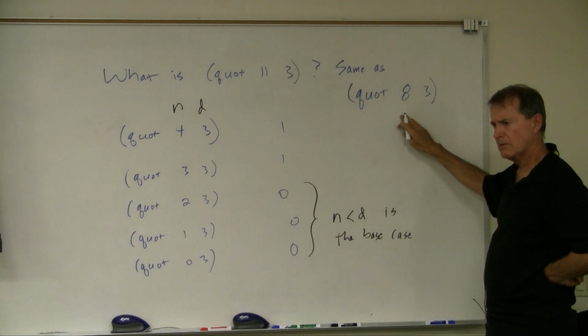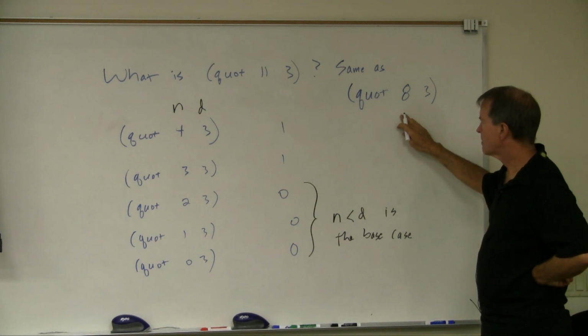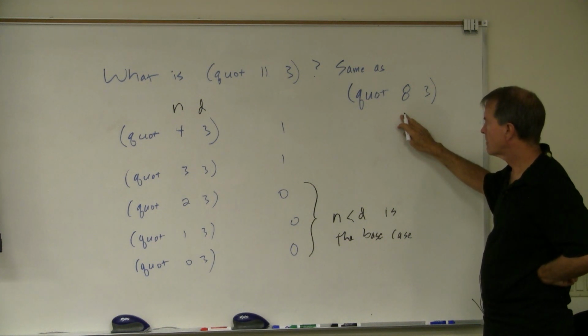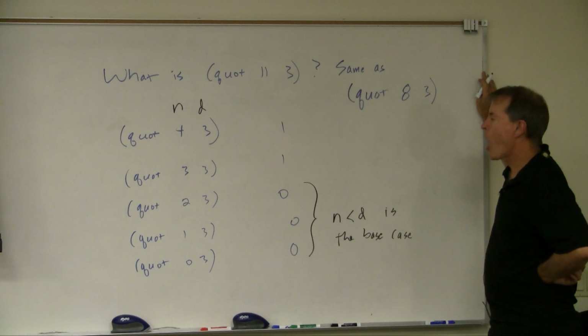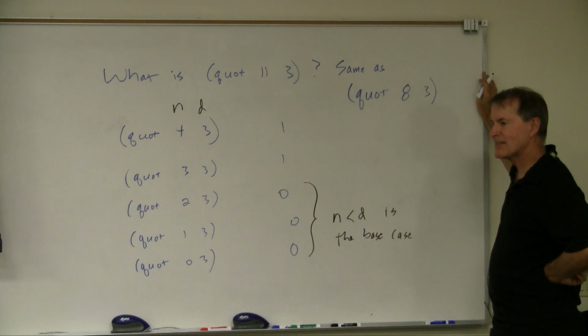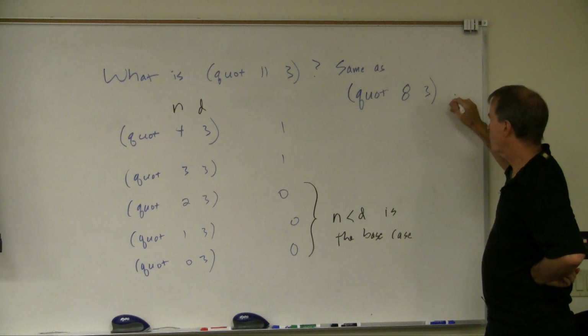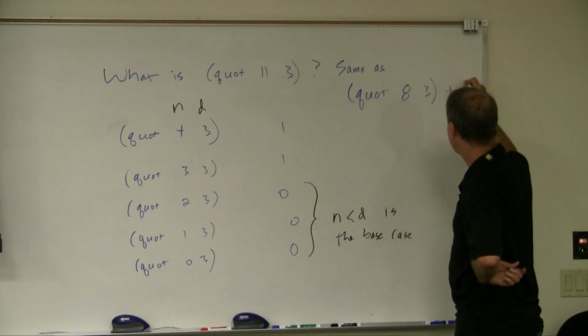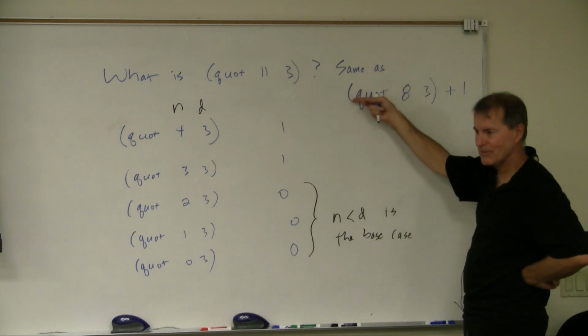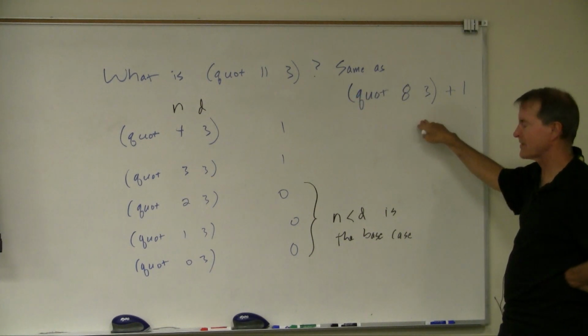Because you just subtract 3 from 11, so 8.3 would be 2. No, isn't it the same as the 8.3? The answer would be different. Will it? Oh, you're right. It's this plus 1, because we subtracted 3 from it, so it's 1 more than this.